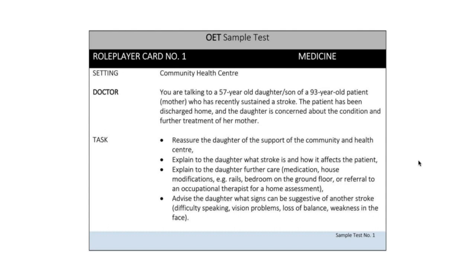Now, it doesn't tell you any information about the name of the daughter or the son, so this is important. You have two ways to do it. During the 3-minute preparation, you can ask the interlocutor, "How may I address you during the role play?" This way you can know the name of the person you're going to be talking to and if it is the daughter or the son. The other way is to ask the person's name in the beginning of the conversation.